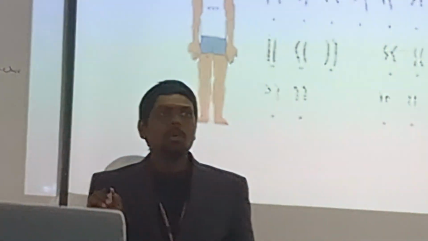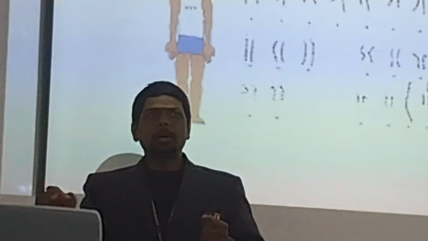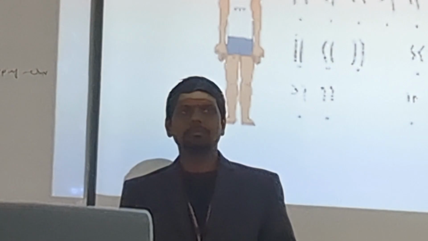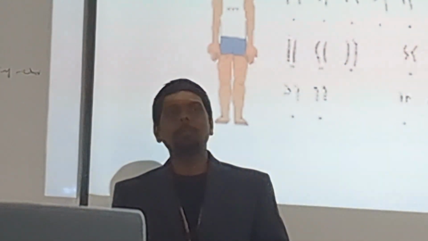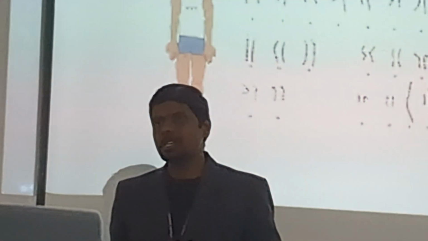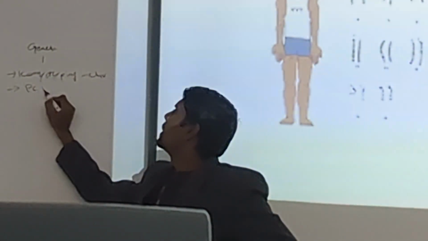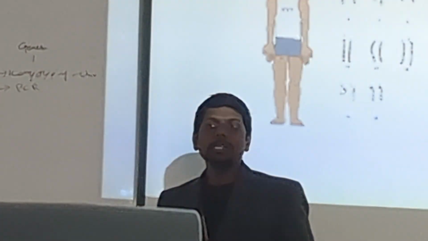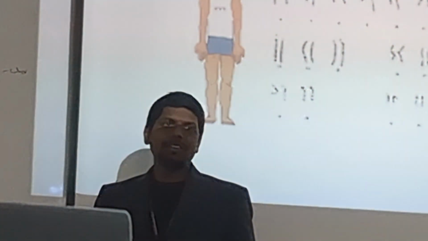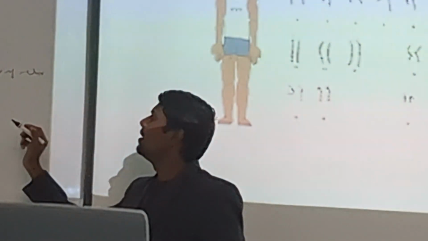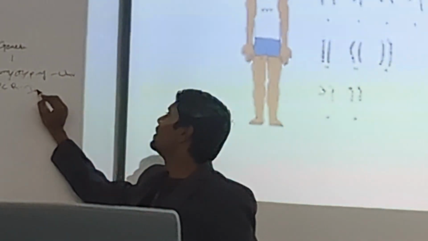That is okay. What if there is some gene problem? How to detect a problematic gene in a living cell? For that, usually we do PCR, but PCR has an issue. PCR always damages the cell. It will damage the DNA, it will extract the DNA. It is an in vitro study actually.